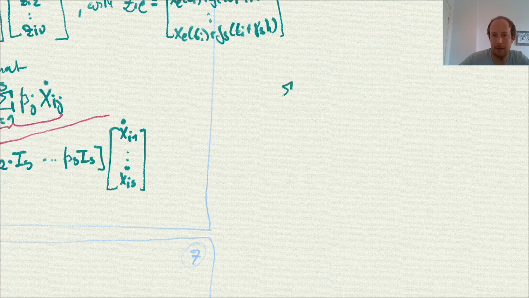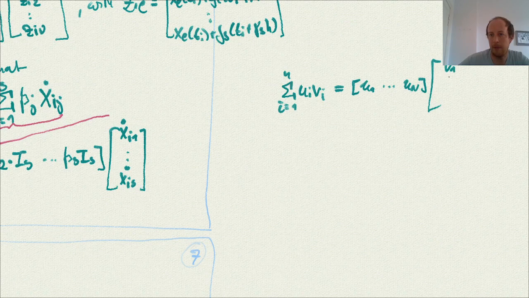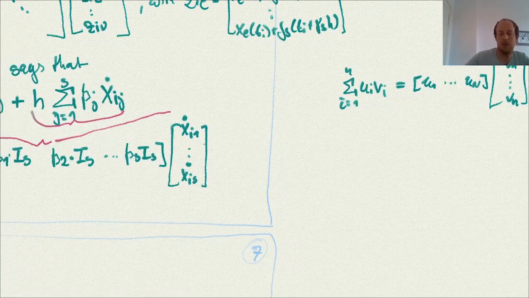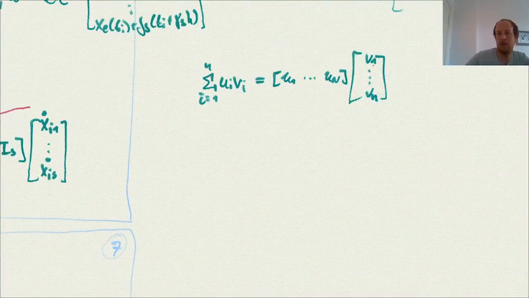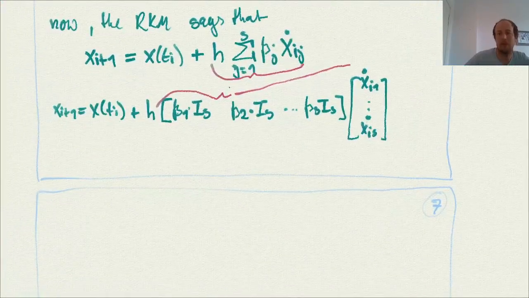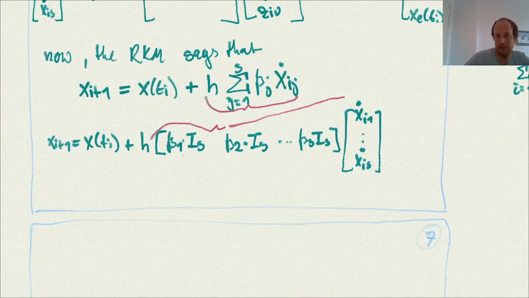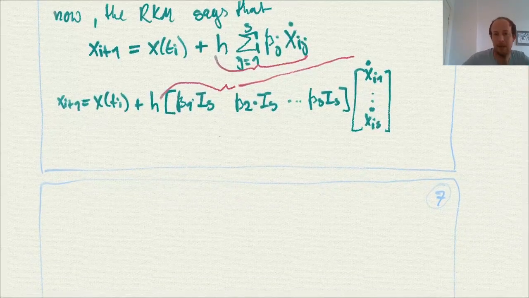So if we have the sum of u_i v_i, i is 1 to n, this can be written as u_1 to u_n times this vector v_1 to v_n. Now this here is all scalars, and so this can also be done for vectors, and this here is a little matrix all the time multiplied by a vector, and then you get a vector again.